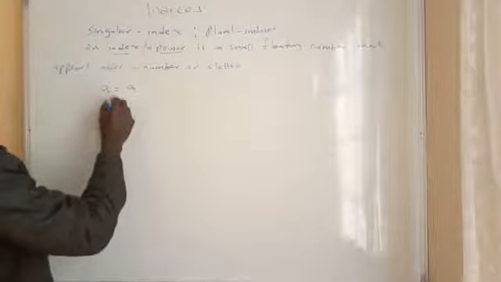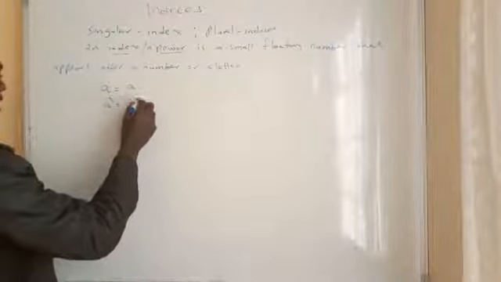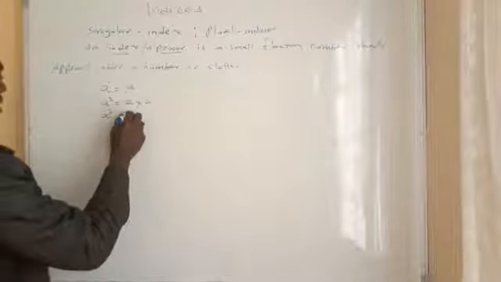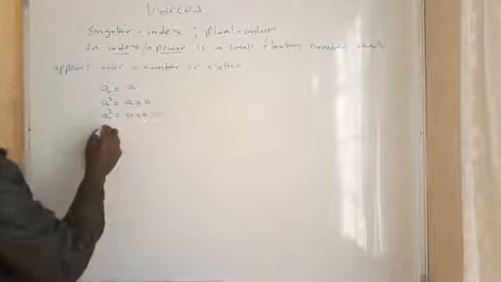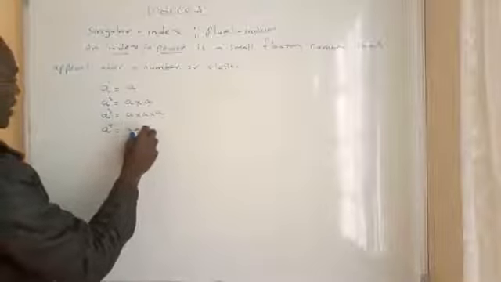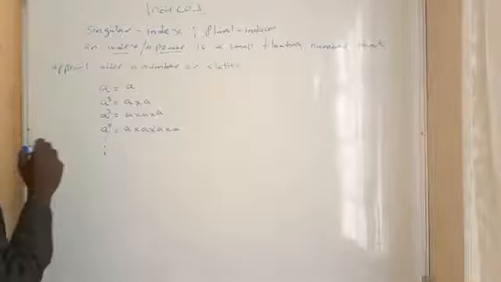A squared, or rather a to power 2, becomes a times a. A to power 3 is the same as a times a times a. And a to power 4 comes to a times a times a times a, and so on.